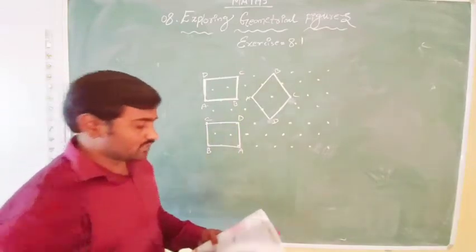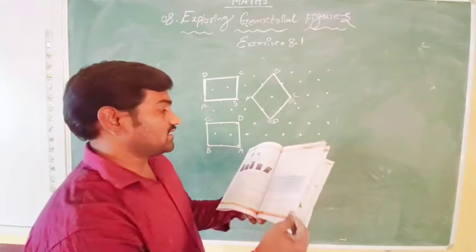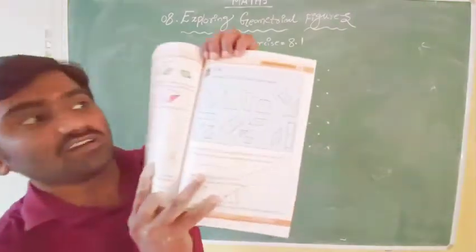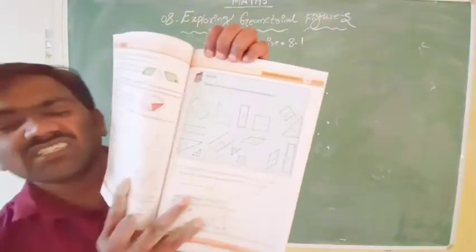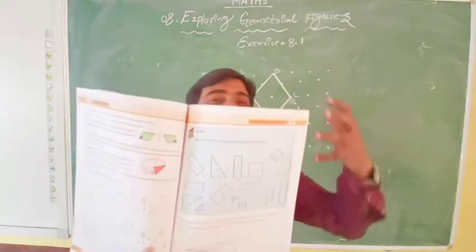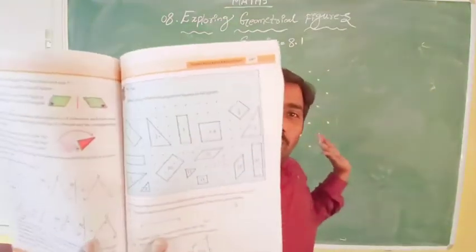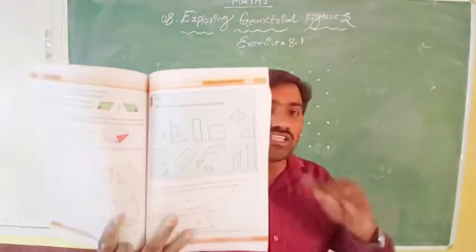I'll show you one picture here which they have already done on the square dot sheet. Here you can see the square dot sheet figures. You can take an example of this chapter, a completely practical chapter. You need to do this, because I cannot draw the graph on the board. I cannot do the square dot sheet on the board within the time.